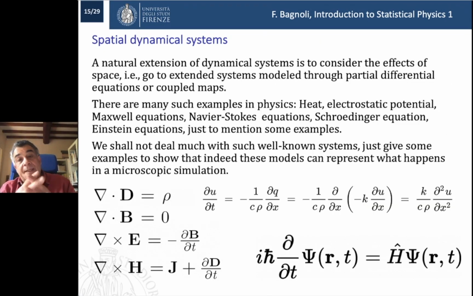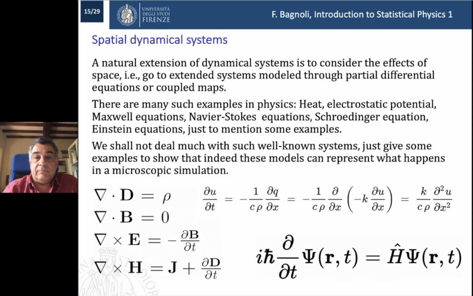So clearly the real systems are composed of many systems, and another approach is that of considering them as composed of extended systems, still neglecting fluctuations.